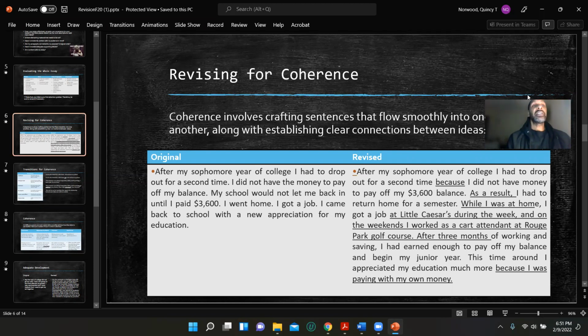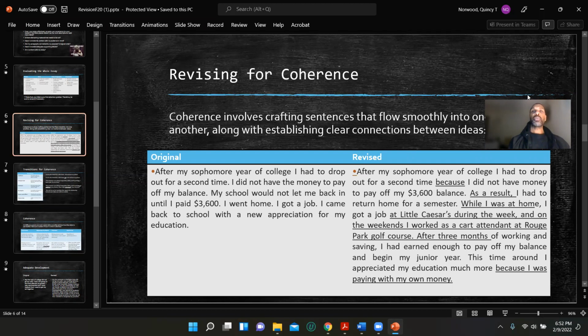But we can make it flow a bit smoother by adding things to fill in some informational gaps. Sometimes on your papers, I may have put a comment, what do you mean here? Or be specific here.